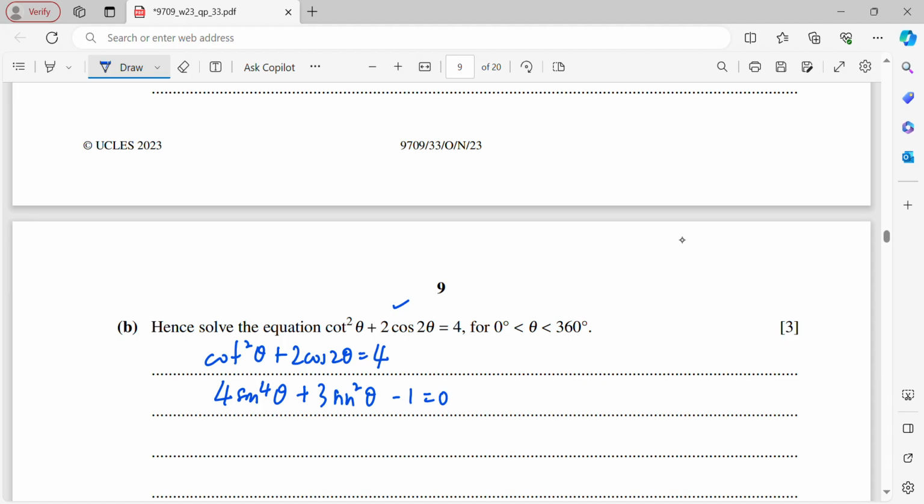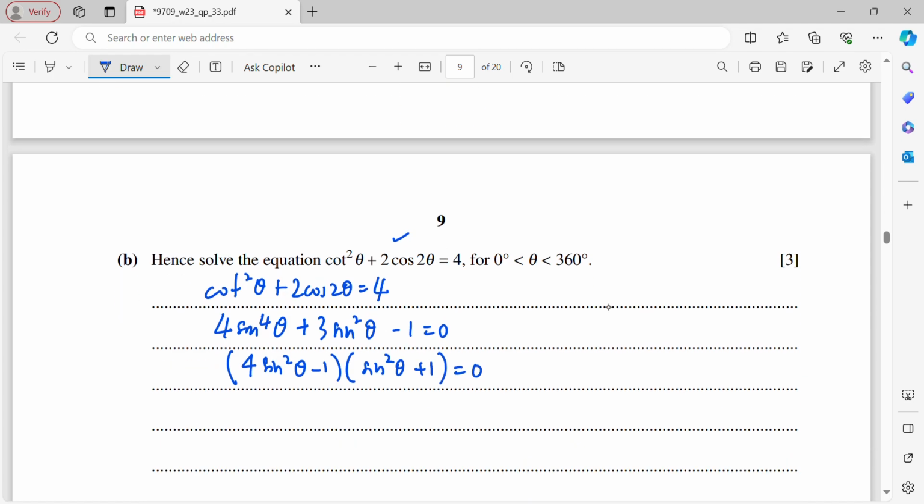Since this is in terms of sine squared theta, I will factorize it. It can be factorized into 2 factors. So you will get 4 sine squared theta minus 1, and then sine squared theta plus 1 equals 0.